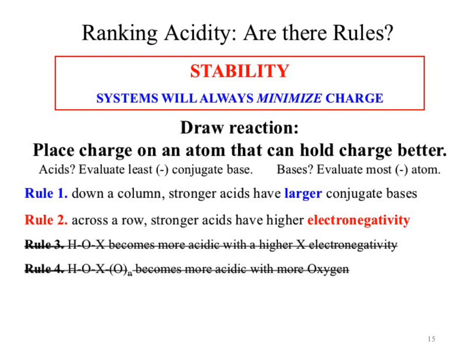This is so nuanced into one particular structure that it becomes a useless rule in OChem. We can't apply that to anything. Rule 4, HOXON becomes more acidic when we have a larger N. Yeah. Okay. What are those rules referencing?